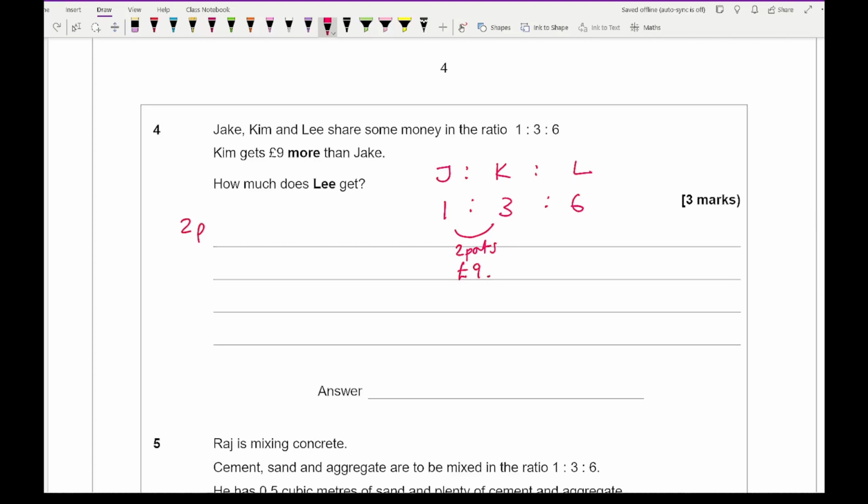So if 2 parts equals £9, then 1 part is going to equal £4.50. So then to work out how much Lee gets, well, Lee equals 6 parts. So 6 times 4.50 gives me an answer of £27.